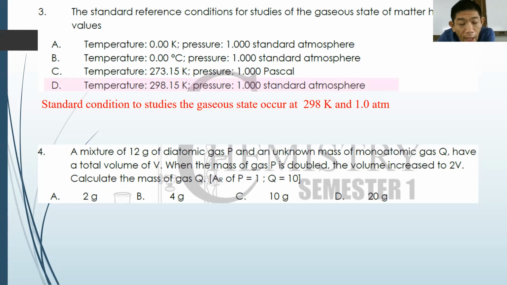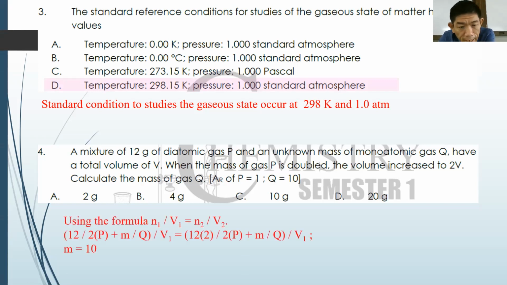Number 4, I have to admit that there is some mistake in the question here. That is why it's very hard for you to get the answer. Actually, the answer is incorrect, so you might want to forfeit this question later. But technically, you use n1 over V1 equals n2 over V2. So it's 12 times 2 of the molar mass of P plus M over the molar mass of Q equals 1 volume.